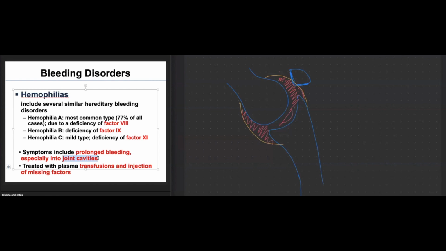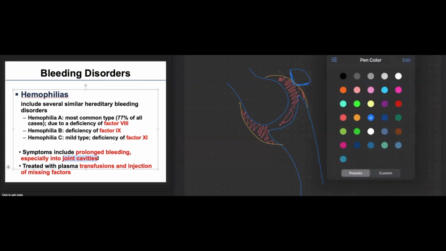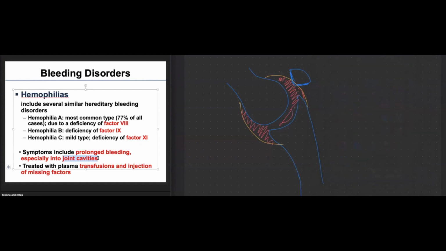So what's going to be the manifestation here of having bleeding in the joint cavity? This child is going to have a red, swollen, painful knee.